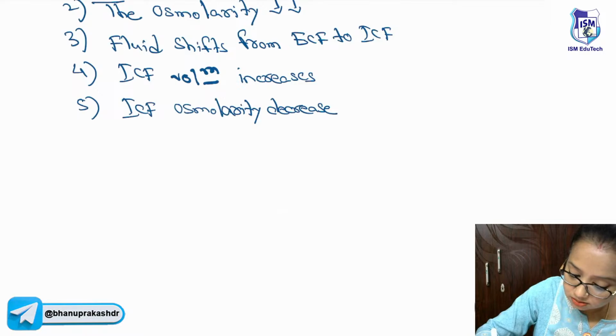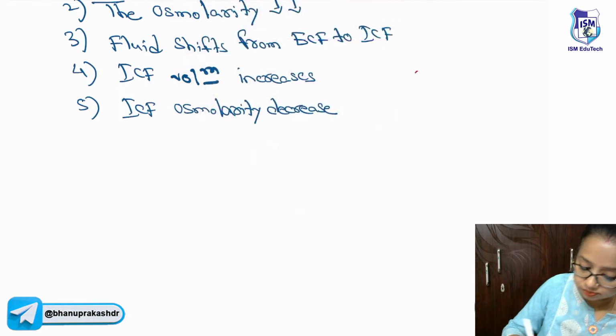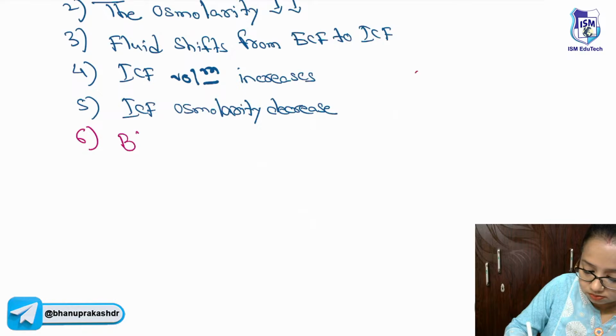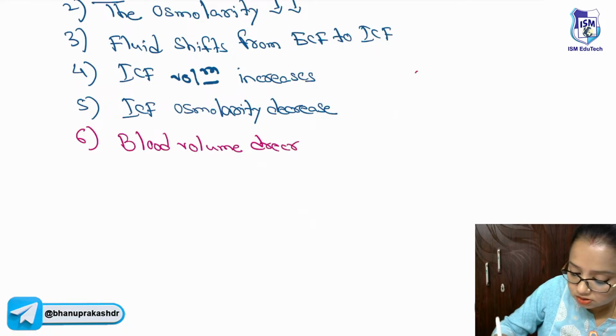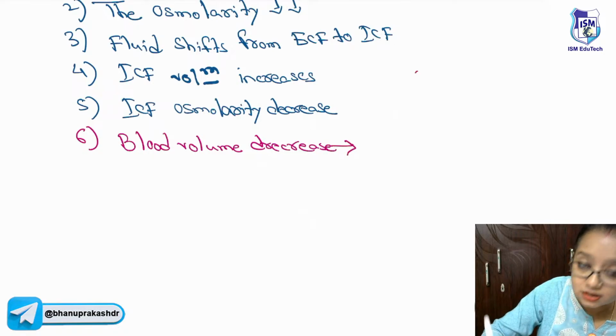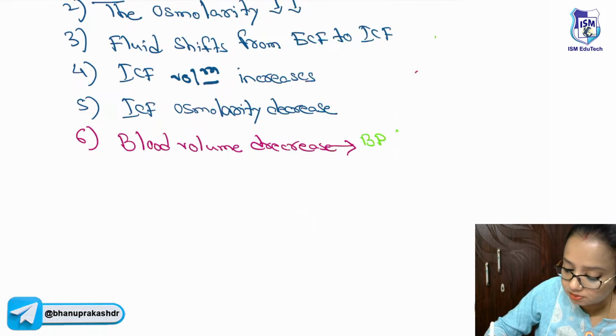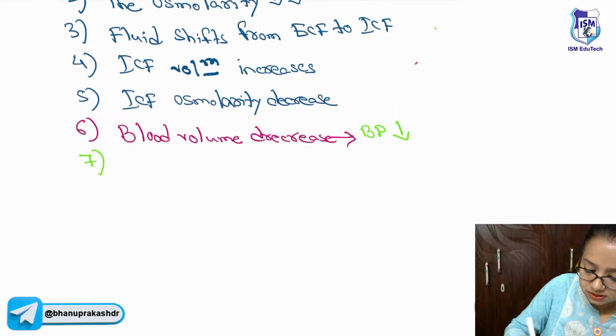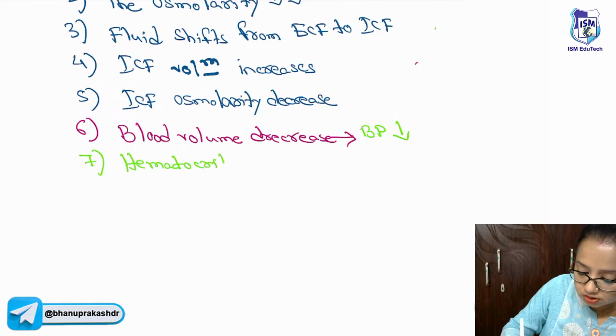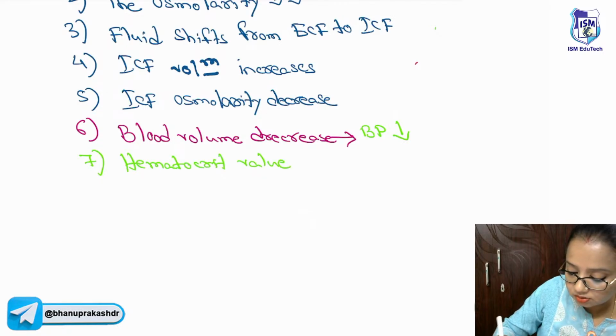As a result of which blood volume decreases and blood pressure decreases. But the hematocrit value increases.